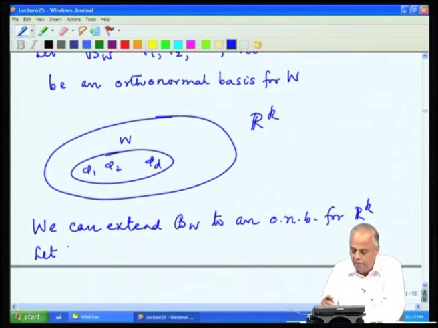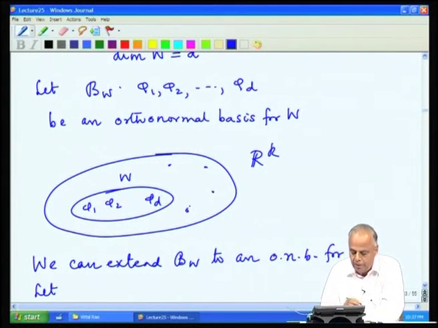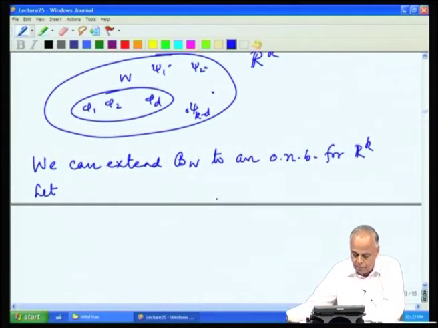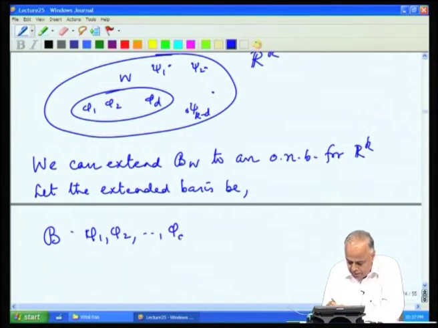How many vectors will we have to append? The dimension of R k is k. So, we would have to pick some vectors, how many of them? k minus d, call them psi 1, psi 2, psi k minus d, and these are going to be orthonormal, they are outside. So, let the extended basis be B. We will have all the phi js, that is what is meant by extension.